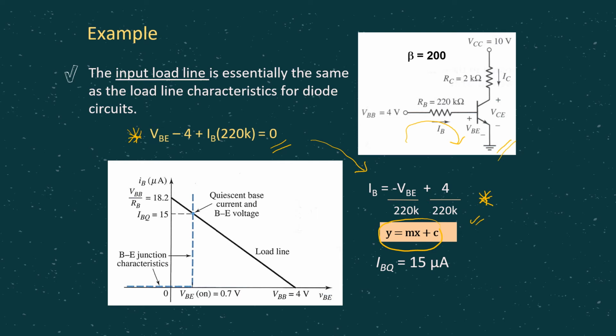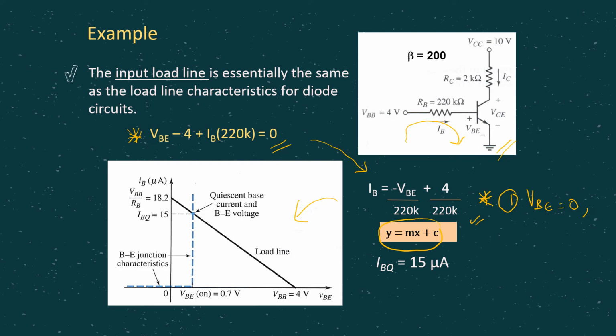From here, in order for us to draw a straight line on the IV characteristics of BJT, obviously we need to find at least two points. For the first point, we can consider VBE equal to 0.